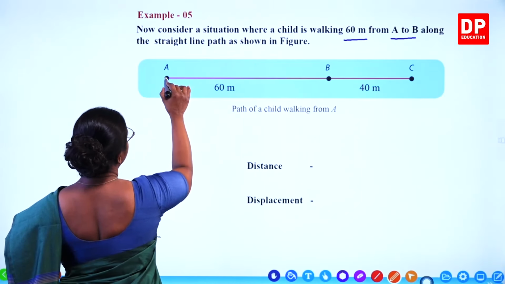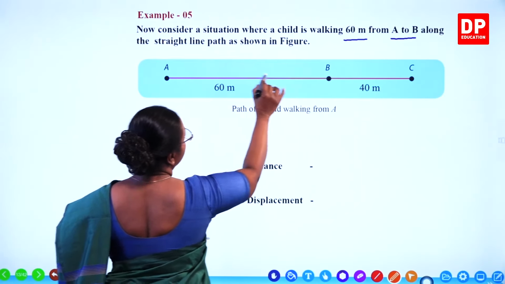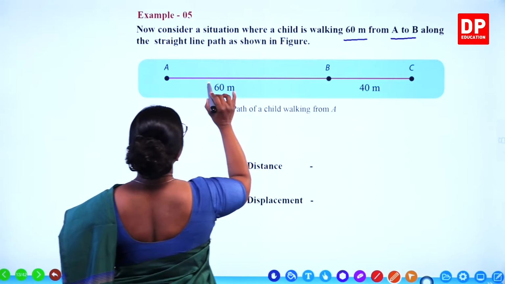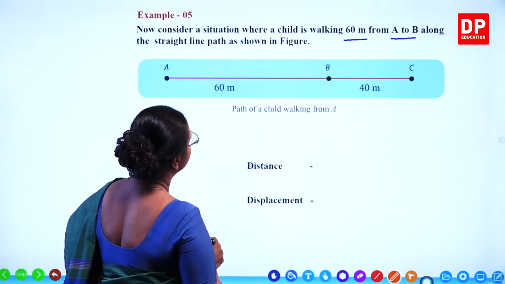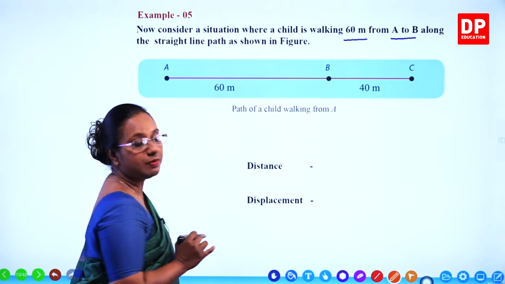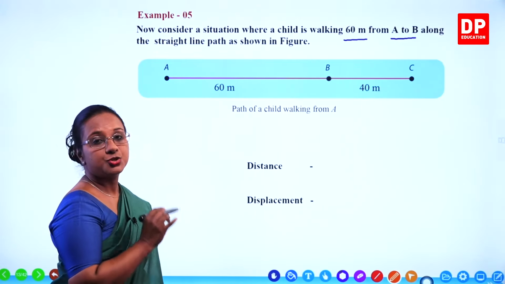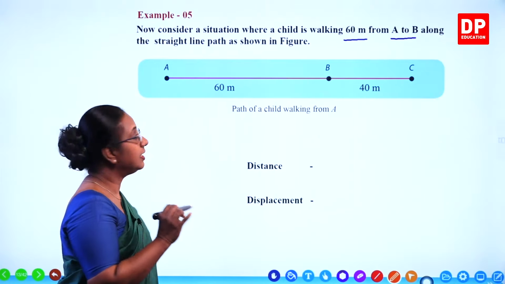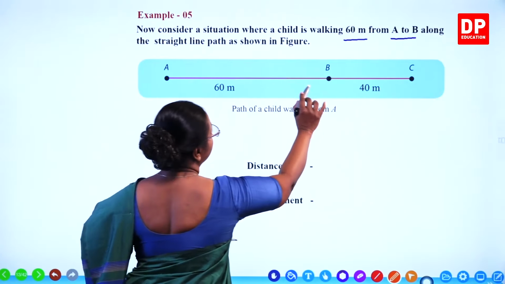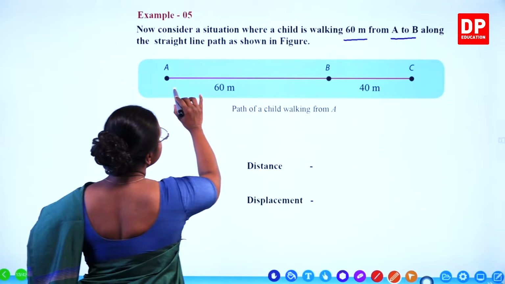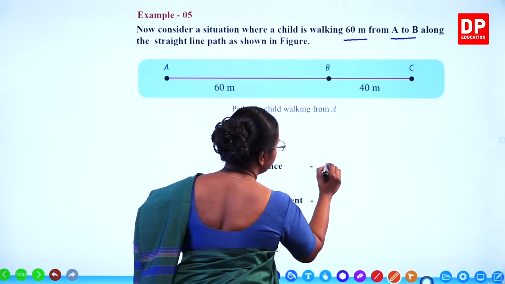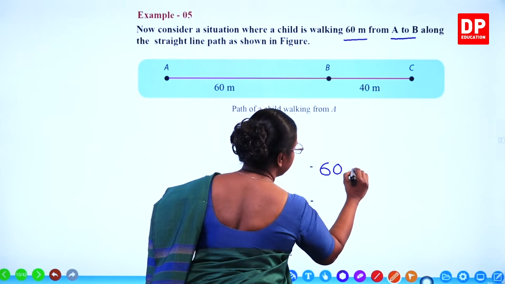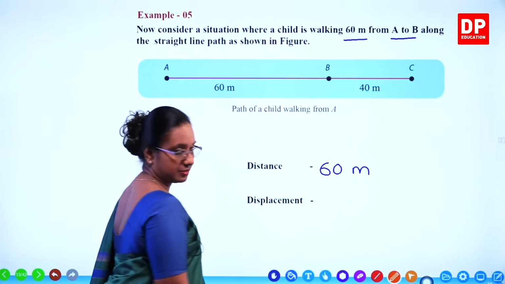The child starts from point A, walks towards this side, and here they have shown a straight line path as shown in the figure. They have not mentioned the direction, so we will have to consider the direction as A to B, 60 meters from A to B. Therefore, the distance will be a direct value, 60 meters.